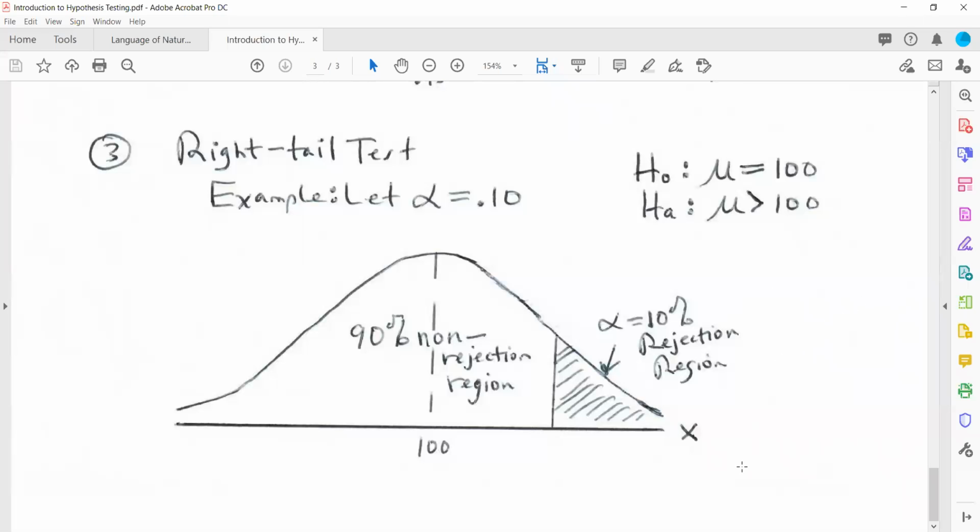Now, what I'd like to do now is I'm going to go to the StatKey. Let me make sure StatKey is highlighted. There we go.